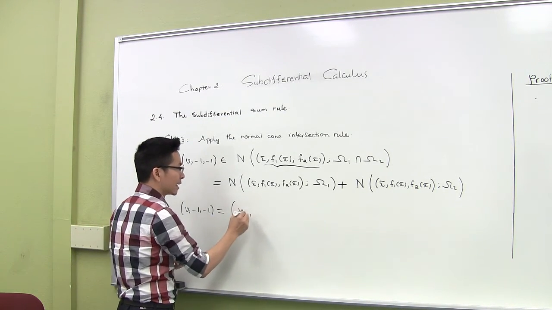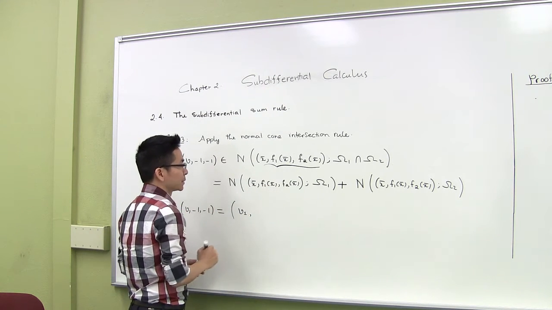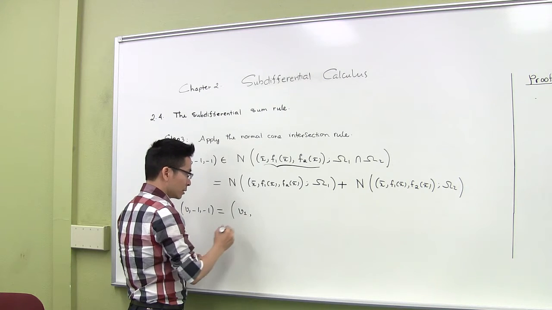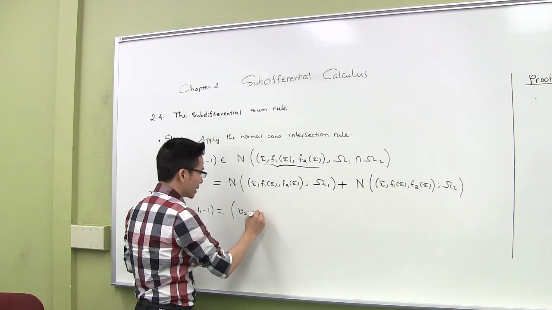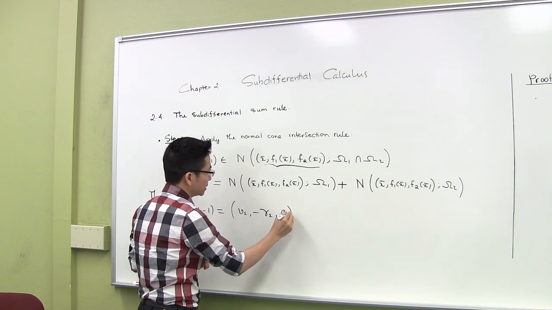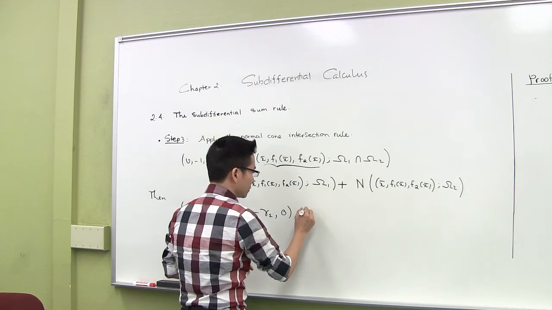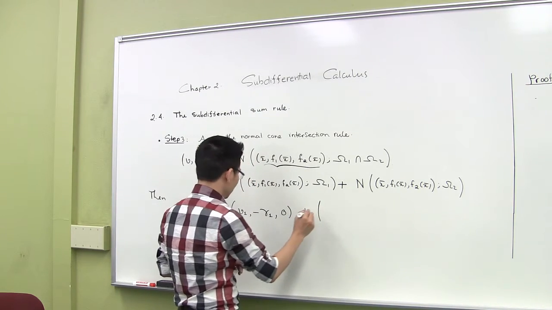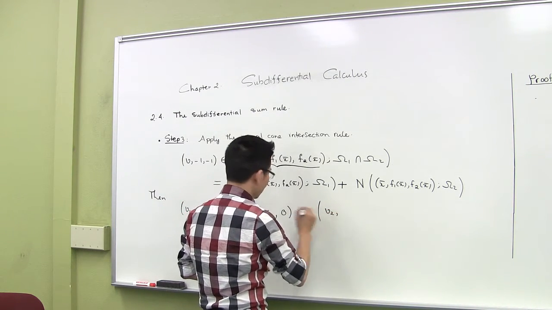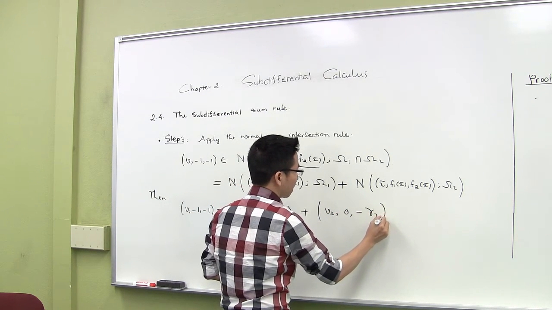V1, and then the second component in this normal cone, I can write it as minus gamma 1, okay, and then the third component is 0, okay. Here this is V2, 0 and minus gamma 2, okay.